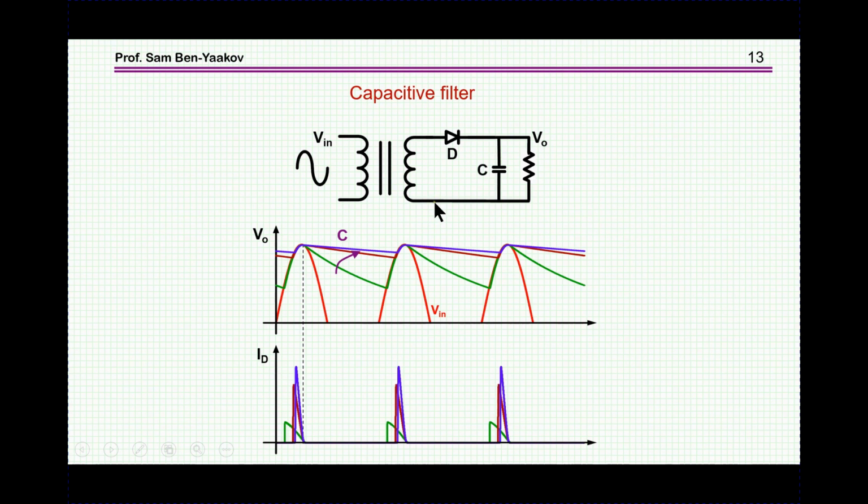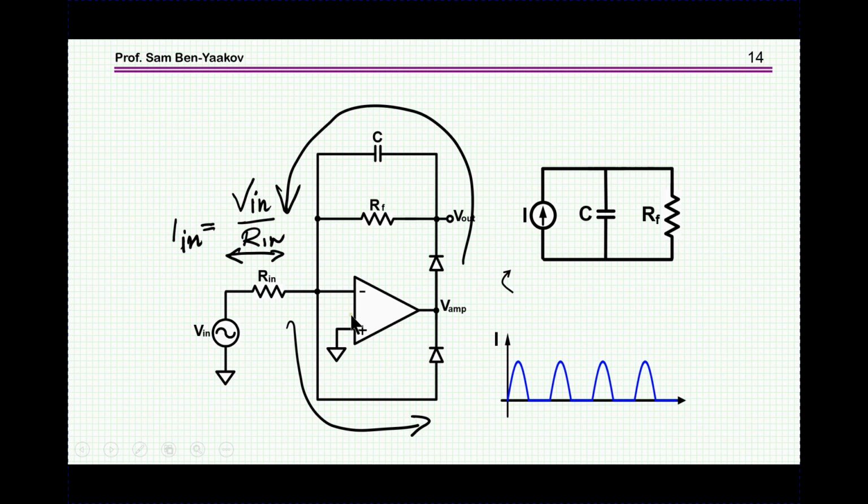And the reason for this behavior is that this rectifier is fed by a voltage source. Not so in this case. The rectifier here is fed by a current source in this circuit. Why is this a current source? Let's talk about the negative half cycle at the input, which means a positive half cycle at the output.